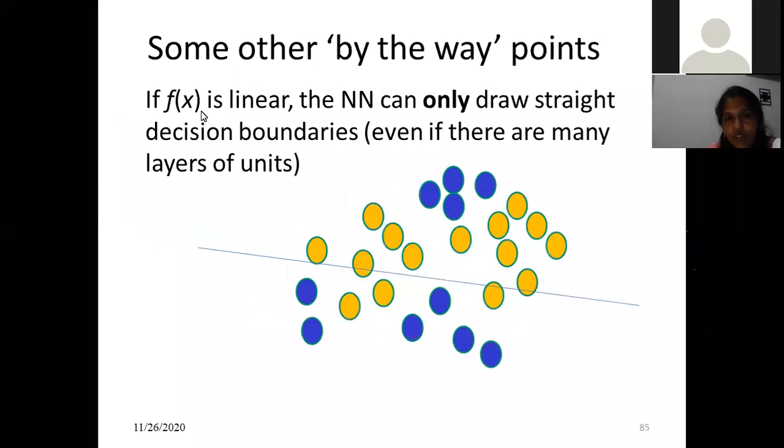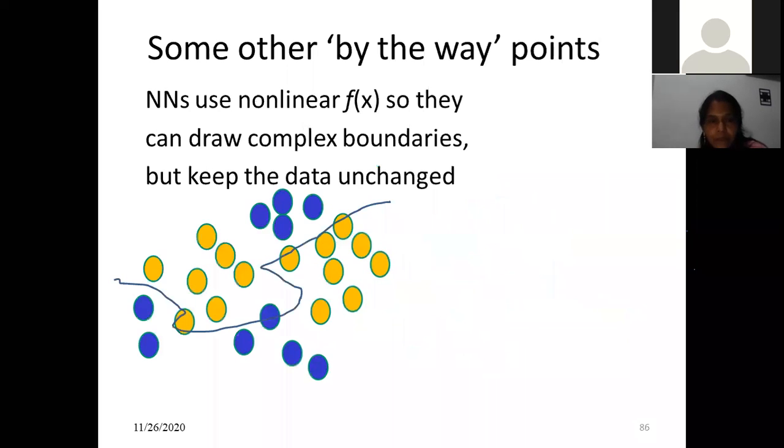If f of x is linear, the neural network can draw only straight decision boundaries. That is one major problem here. There are many layers of units, but if it is linear, we can only construct a straight decision boundary. But if you are using a non-linear activation function, we can draw complex boundaries, and the data will not be changed. That is the difference between linear and non-linear activation functions.